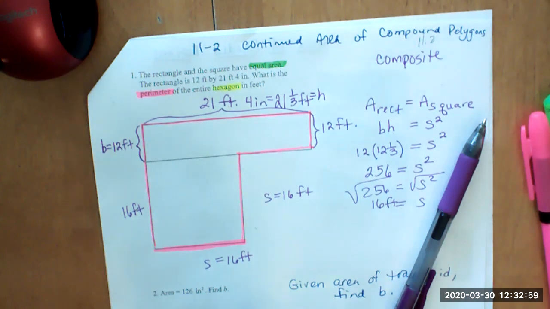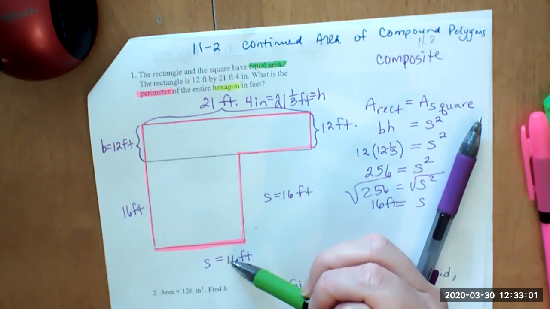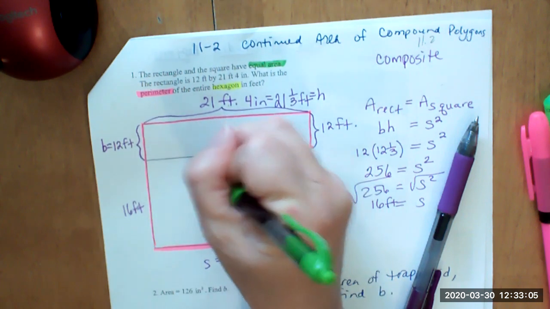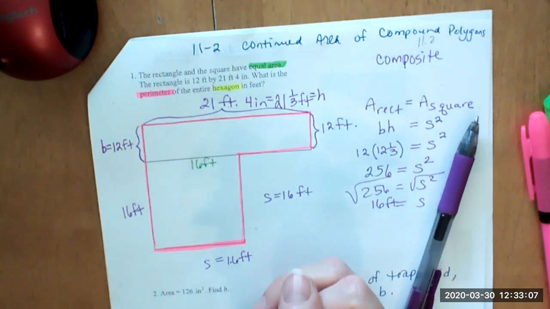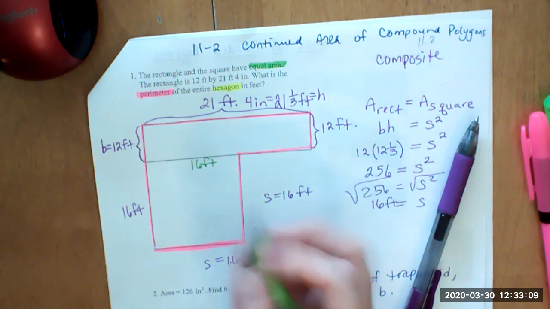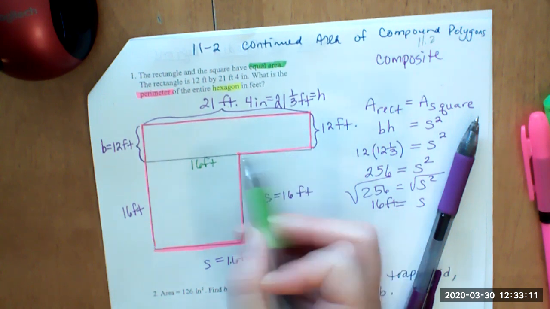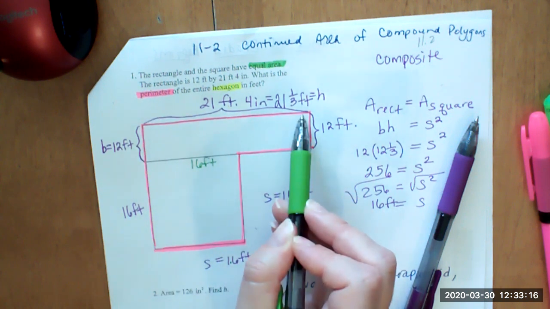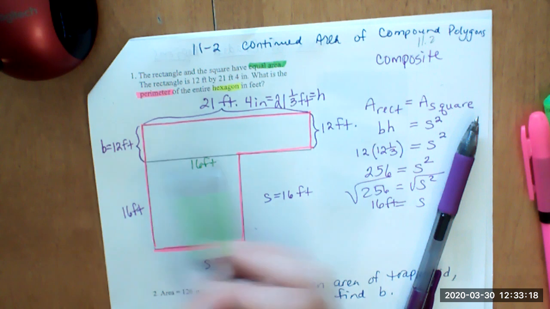Well, the trick here is, look, if this side's 16 feet, then this piece right here has to be 16 feet, right? And remember that if I want this piece, all I need to do is take the full length of the height and subtract the length of this piece.